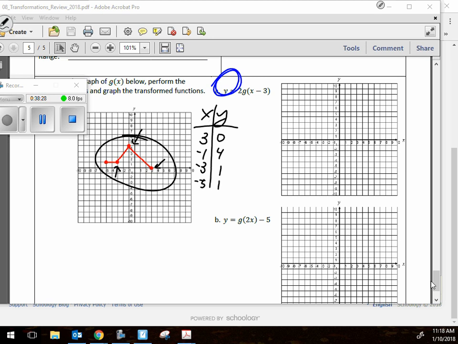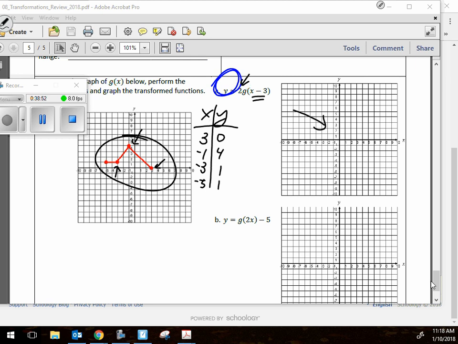And the first thing I would do is graph the parent one over here. And then I would do this stuff to it. I would make it get moved to the right 3. And then I would make every one of the heights, that's all the vertical stuff, twice as big.